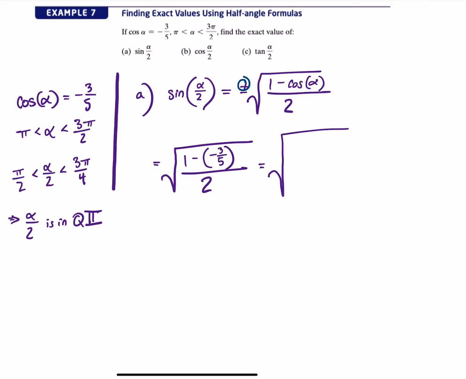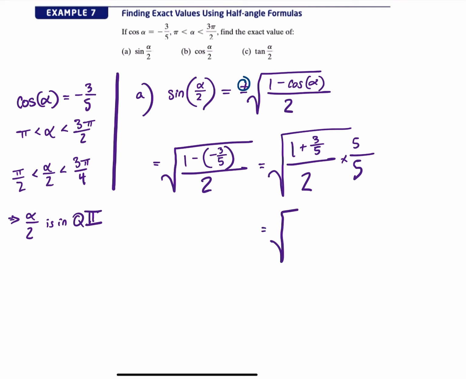This becomes the square root of 1 plus 3/5 over 2. So let's do that trick again of clearing out this denominator by multiplying by 5 on the top and bottom, inside of the square root.